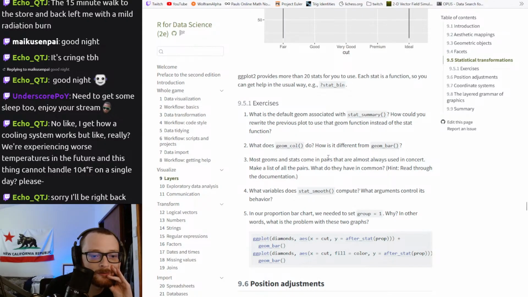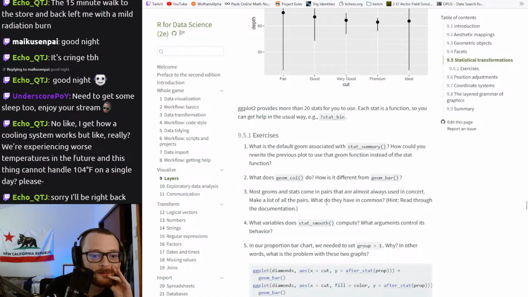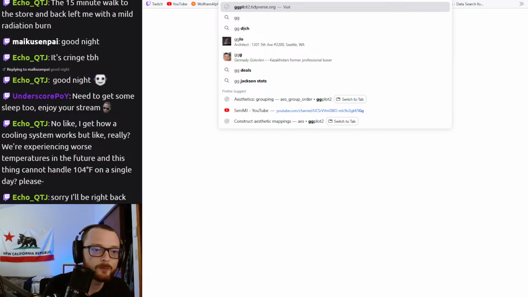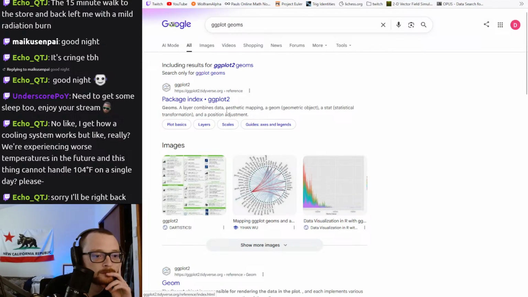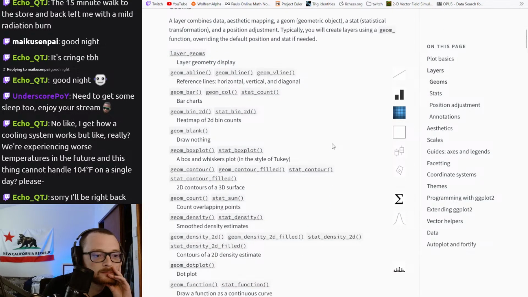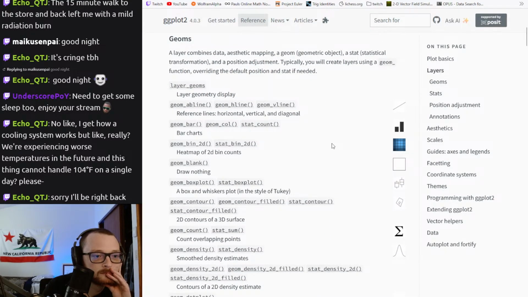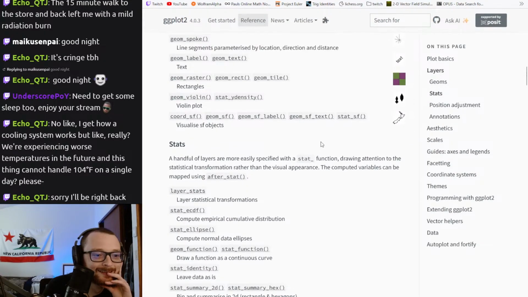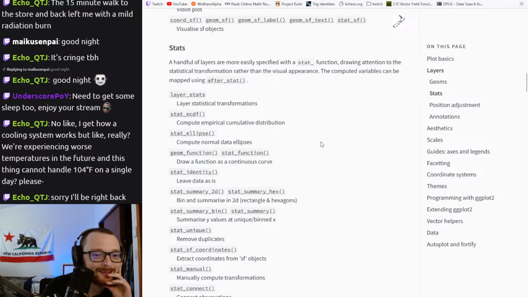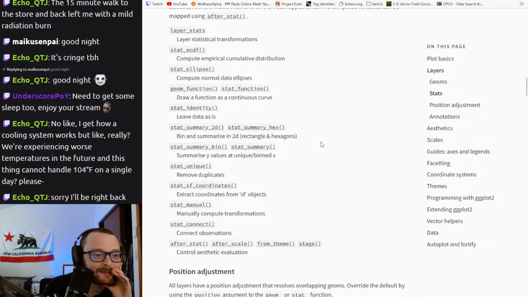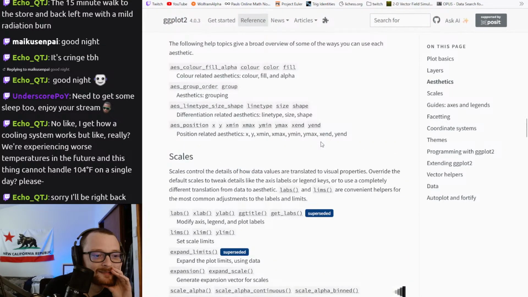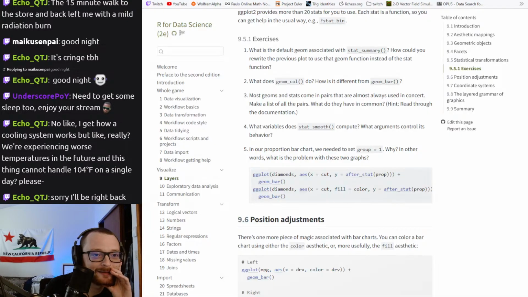That sounds kind of tedious. ggplot geoms. There are a lot of geoms here, so making a list isn't trivial. I think I'm skipping that.